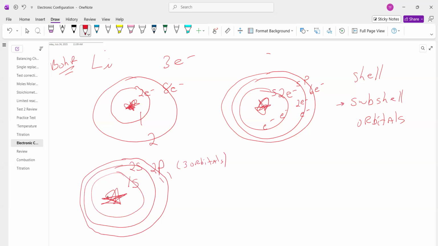So if this 2p has a maximum of 6, how many orbitals does it have? 3. 6 divided by 2 is 3, right? And then the last way to configure the electrons is what spin does it have?